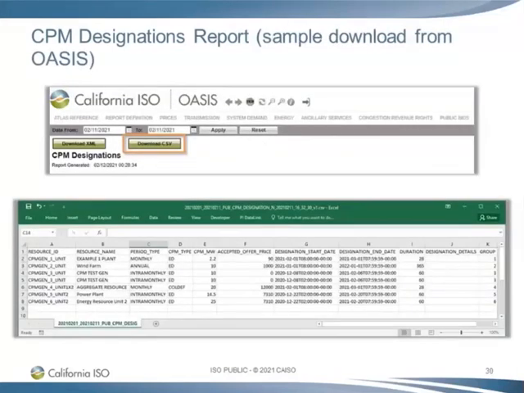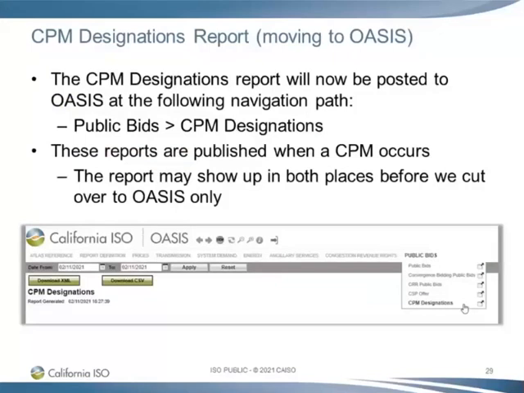If you take a look at this example here, it shows you the data about the CPM, the resources that were CPM'd, whether it was for a month or a period of time. And this was the report that I said we have kind of a transition process, right? Before we fully cut over to Oasis, we have some validation that has to occur.